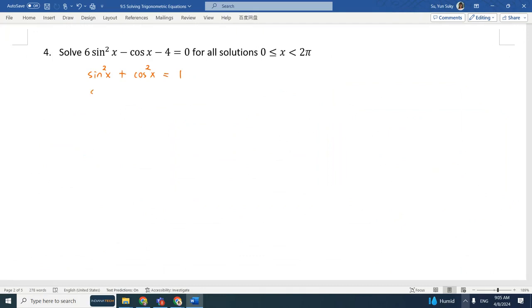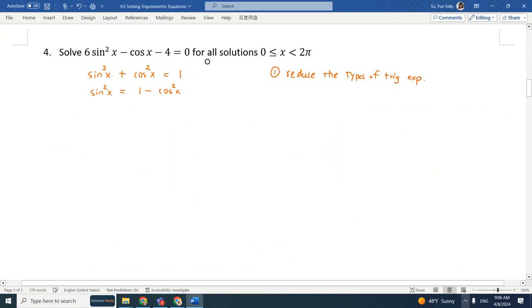This is the alternate form of it: we subtract cosine squared from both sides. Right, everybody? Here we want to reduce the types of trig expressions.